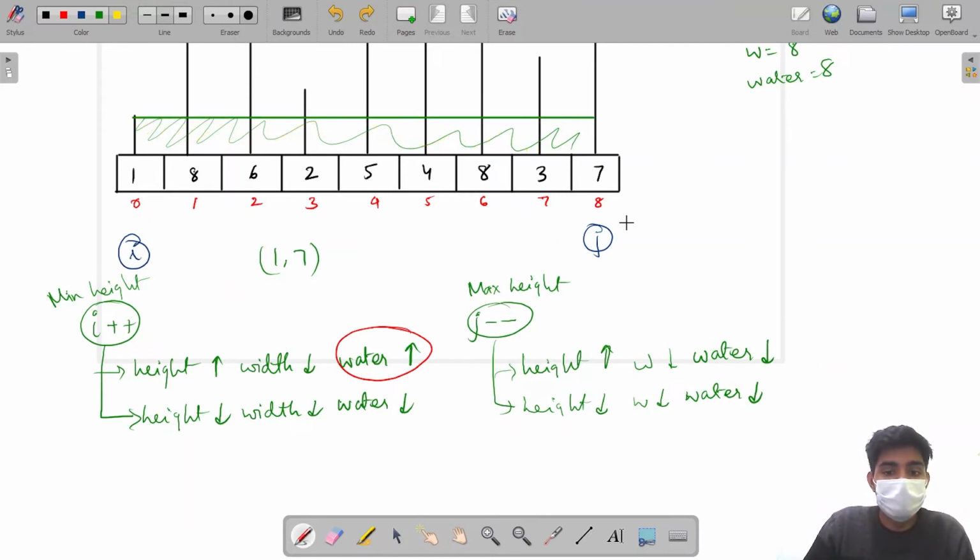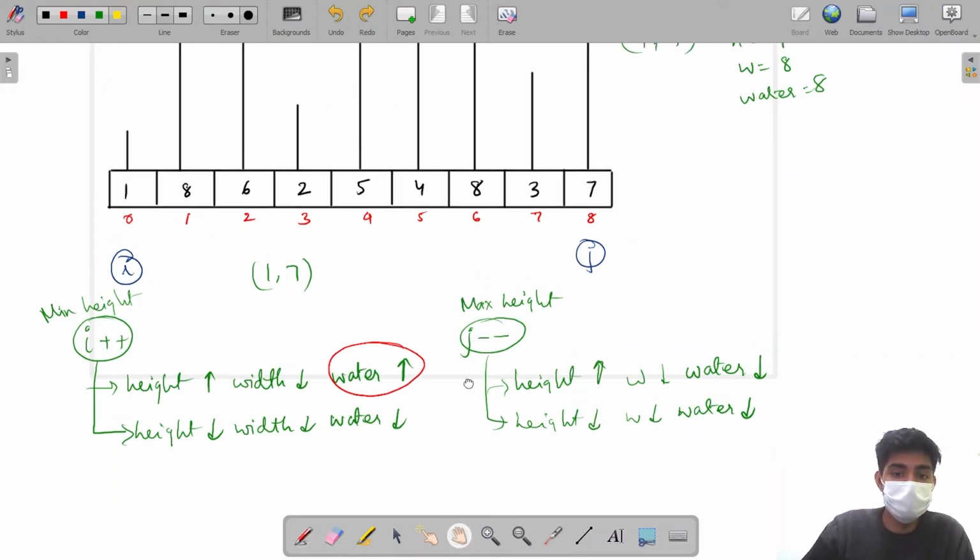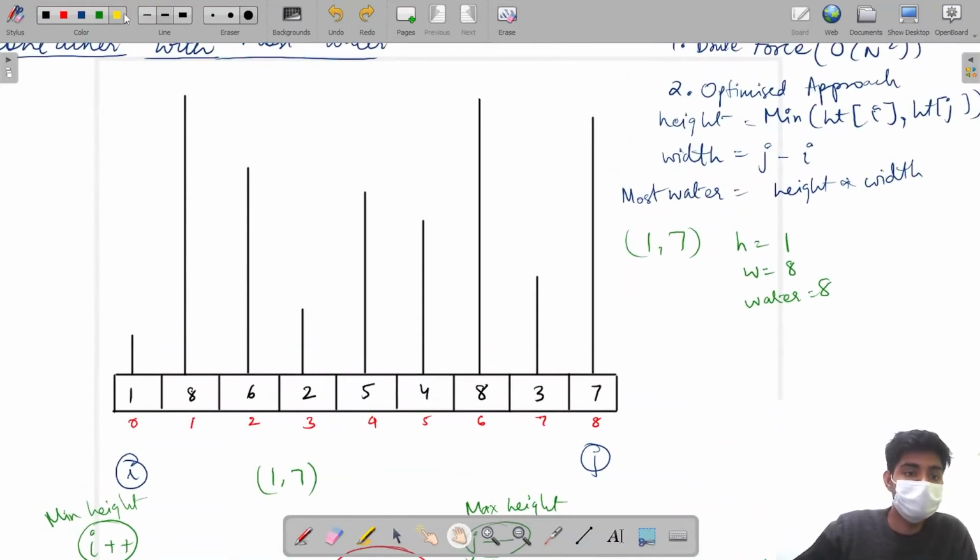Okay, let's say this was a little different. Let's say, instead of having 3 here, we had 10, or let's say we had 9. So if we had 9, we would have something like this, right?